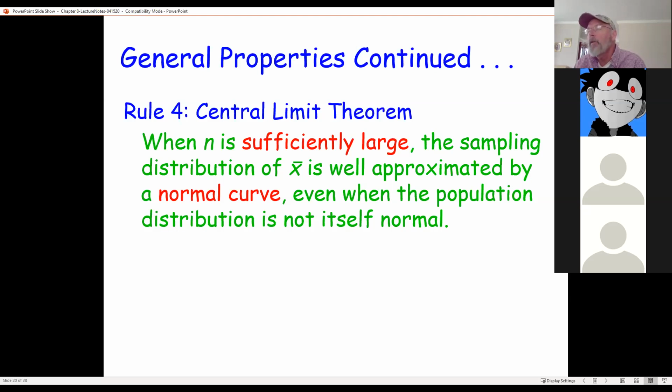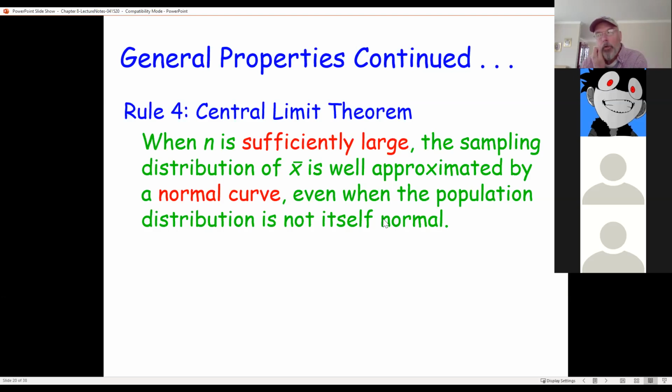So when n is sufficiently large, the sampling distribution of the sample means will approximate a normal curve, even if the population is not itself normal.